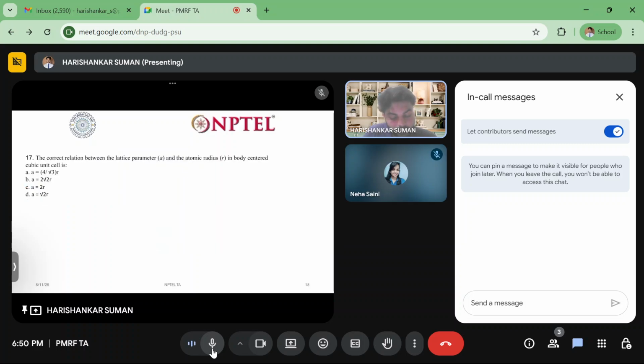Next question: the correct relation between the lattice parameter A and the atomic radius R in the body-centered cubic. These are the four options A, B, C, D. Please try to solve these options. You can take 5 minutes for this question.